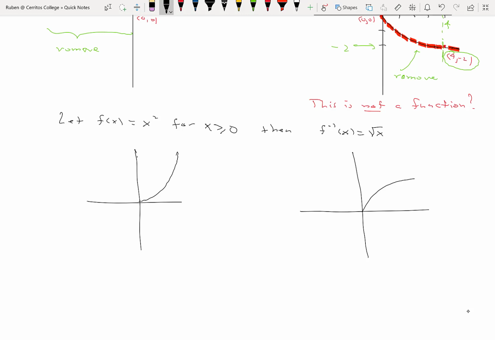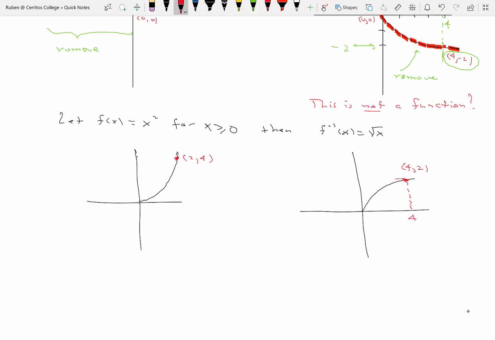And that makes perfect sense for us in terms of having an inverse for squaring. If you take this 2 and square it, you'll get 4. So if you take 4 and take the square root of 4, you should get 2.